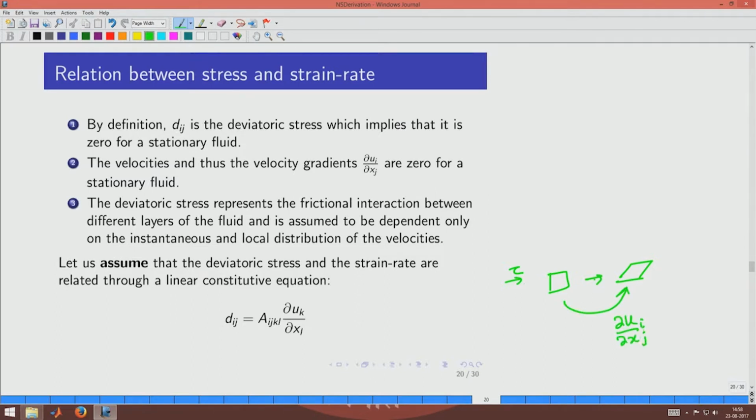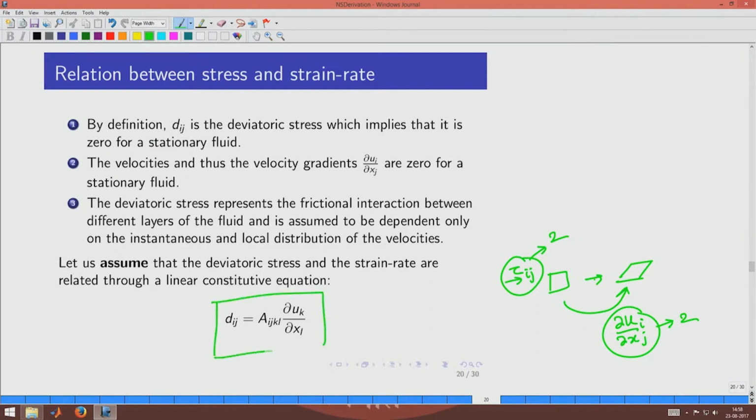Okay. So, which means that you could relate the shear stresses with velocity gradients, and because shear stress is a tensor of order 2 and this also is a tensor of order 2, the relation should be through a linear relationship with the property having the most generic tensor order, which is 4, 2 plus 2. So, that is exactly what we are writing here.